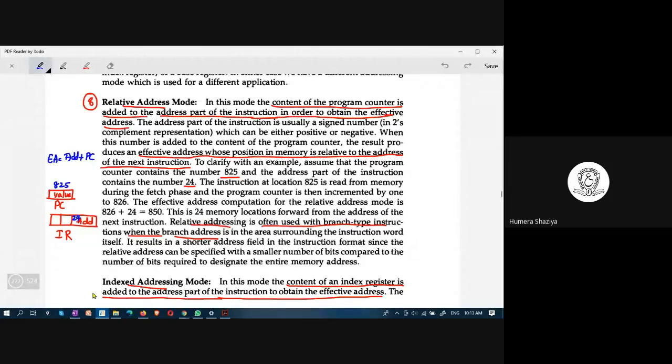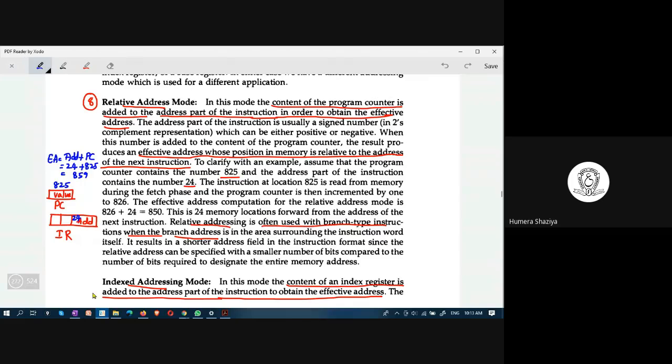So what is the address part? 24, plus what is the program counter? 825. This would give us the relative address. This would give us the effective address. The mode is relative address mode.